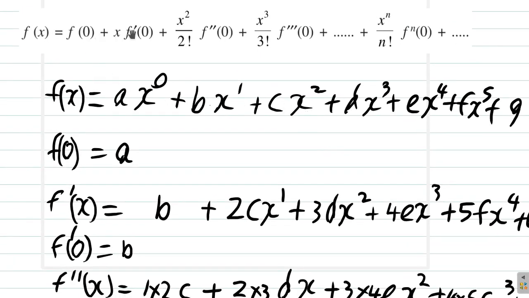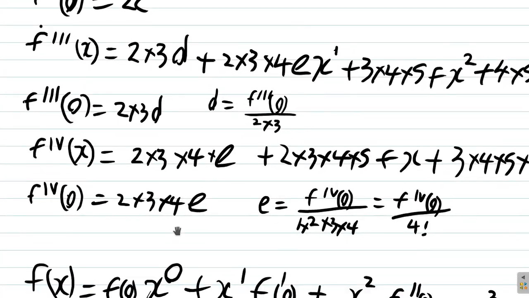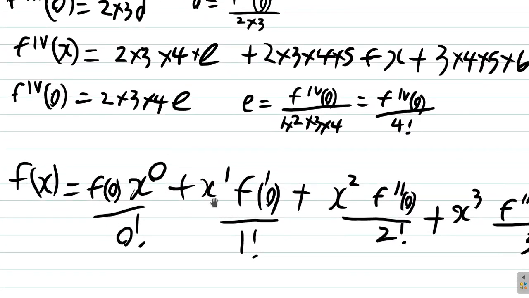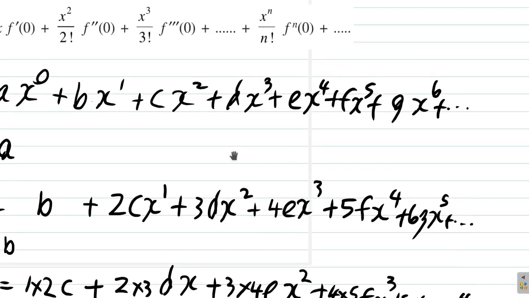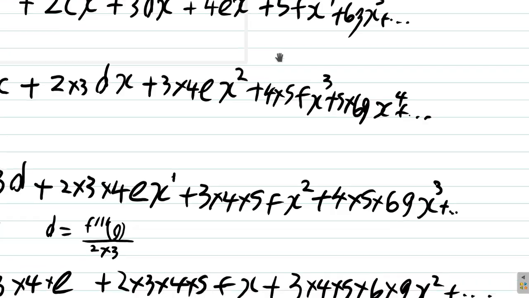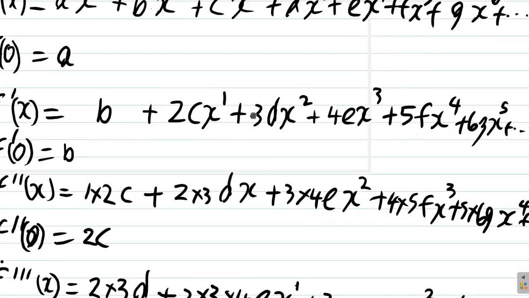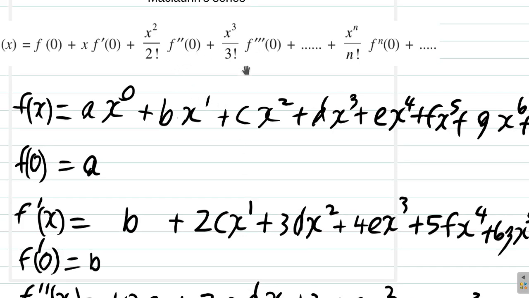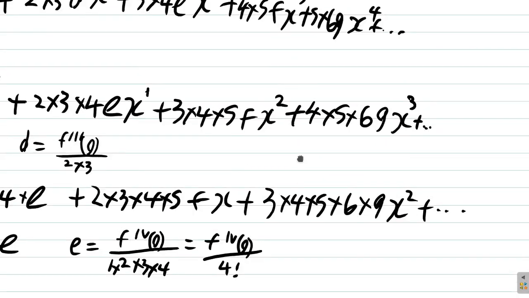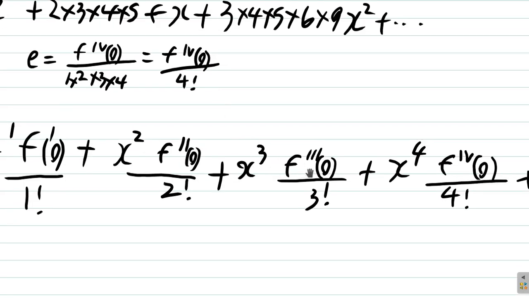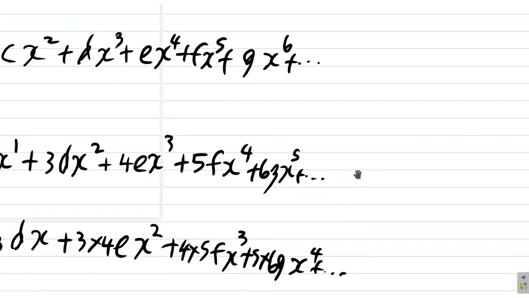We have f of 0 plus x f prime of 0 plus x squared over 2 factorial f double prime of 0 plus x cubed over 3 factorial f triple prime of 0, and so on.